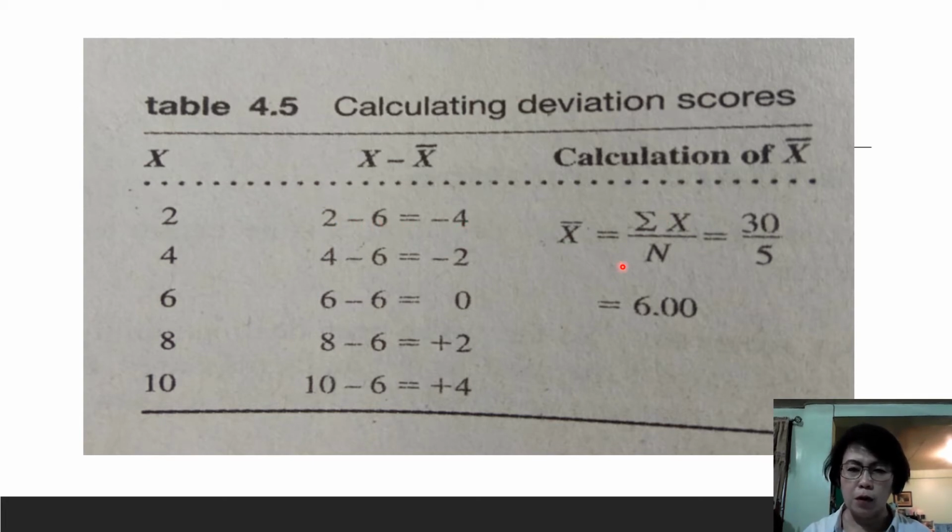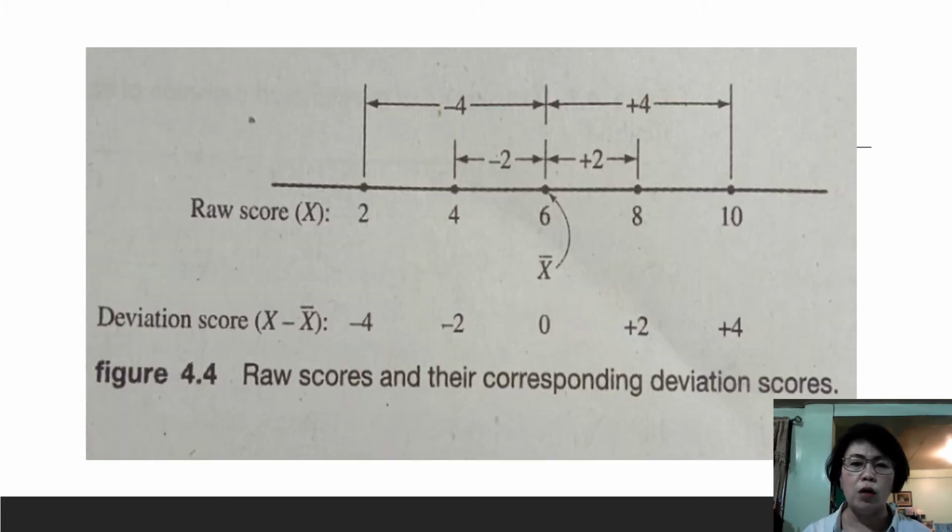For the explanation of how these scores are placed in a continuous distribution, let us look at Figure 4.4. Figure 4.4 shows us the raw score and the deviation score. So we have here 2, 4, 6, 8, 10 as the raw scores, and the deviation score computed as the score minus the mean.